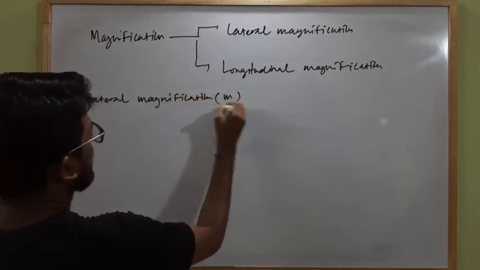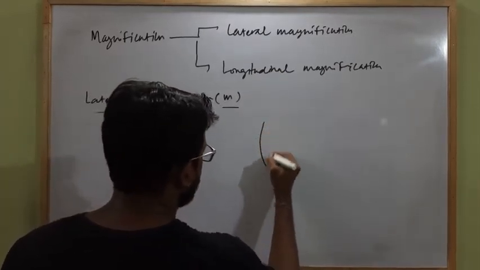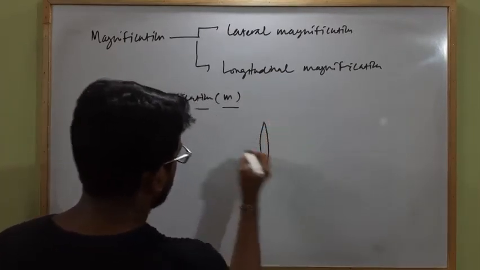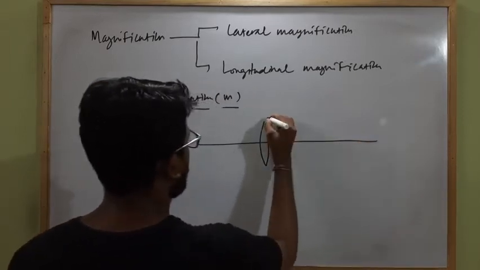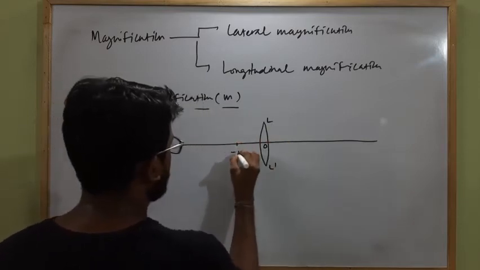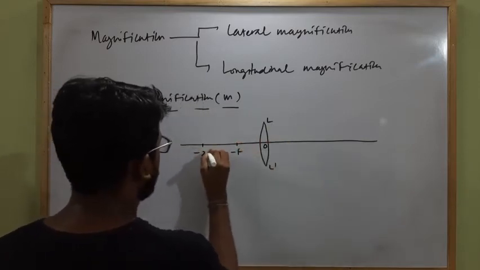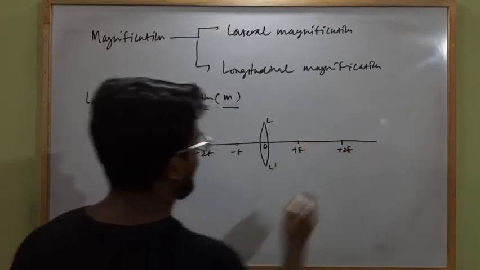It is denoted by M. So if here is a lens and this is the principal axis, we already know, let the lens be L dash. This is the optical center O. This is the focus. Okay.